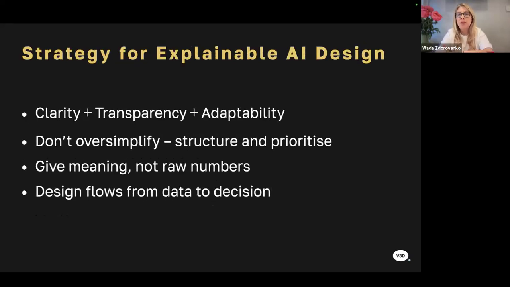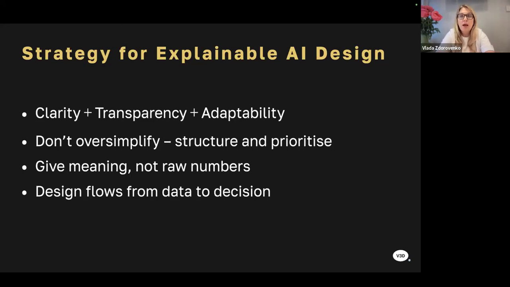So the strategy for explainable AI design is clarity plus transparency plus adaptability. And sometimes we want to simplify, but it's more important to have structure and prioritization. Because, for example, for non-tech users, it can be better to have something simple. But if this system is also for those who have data science experience, that means a simple tool won't be so trustworthy.